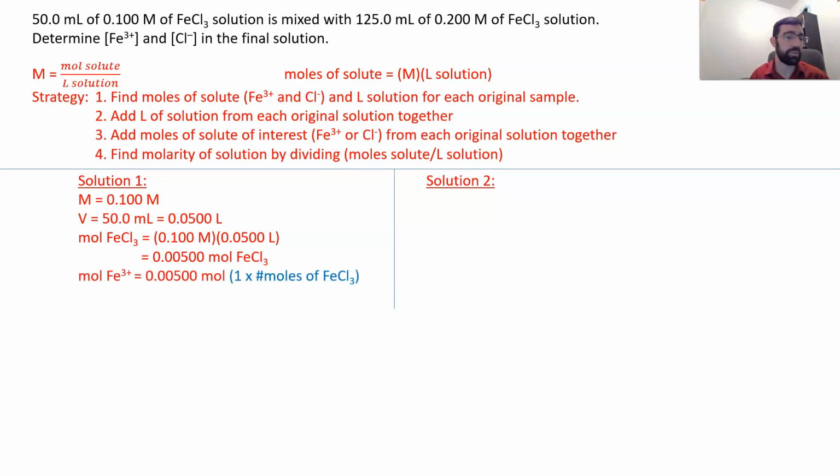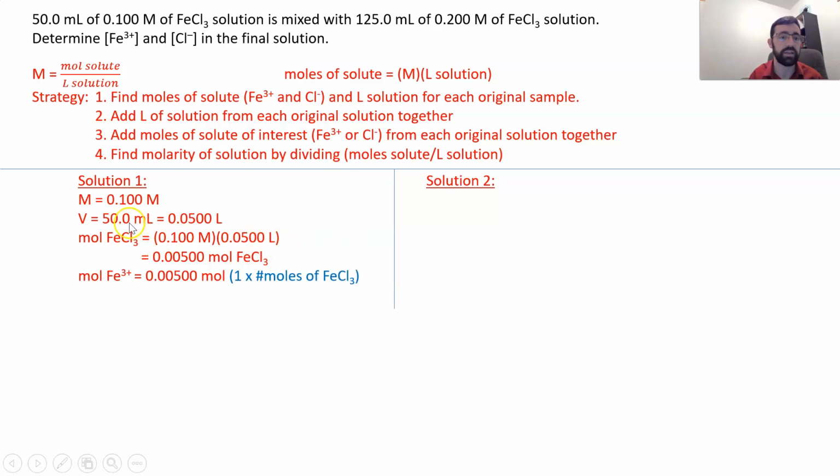The moles of Fe3+ is just going to be the same, because for every 1 mole of FeCl3, we have 1 mole of Fe3+. We're just going to multiply 1 times the number of moles of FeCl3. What about moles of Cl-?